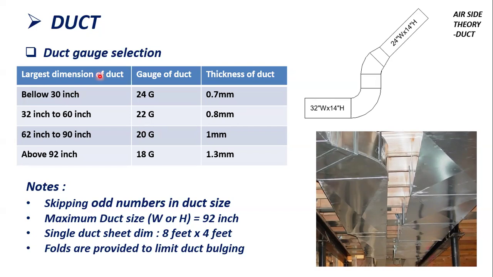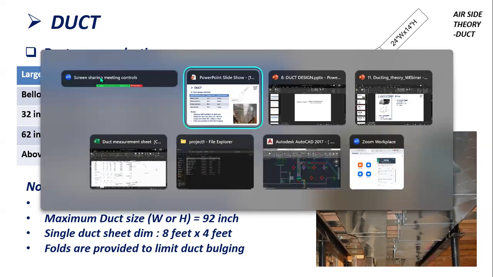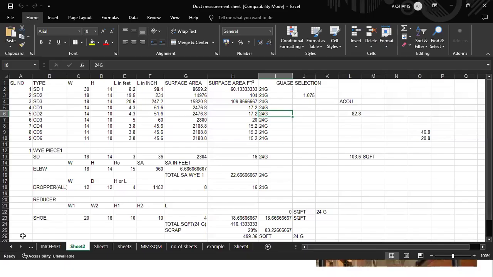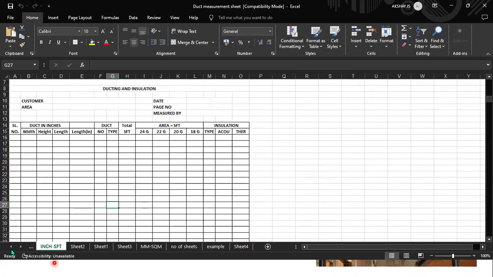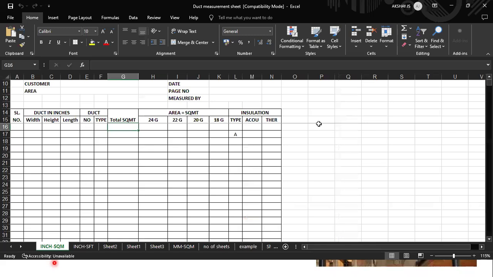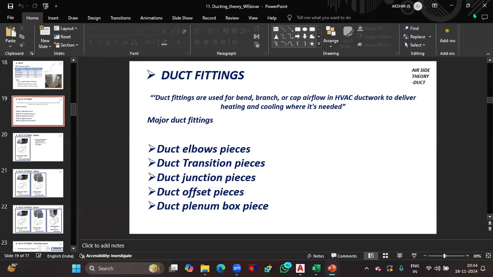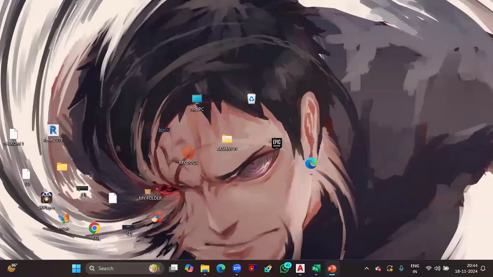Now, how are we going to find out these scenarios? For that, we will be having certain kinds of Excel sheets. This is an Excel sheet that has been shown right here. There are a lot of Excel sheets available.